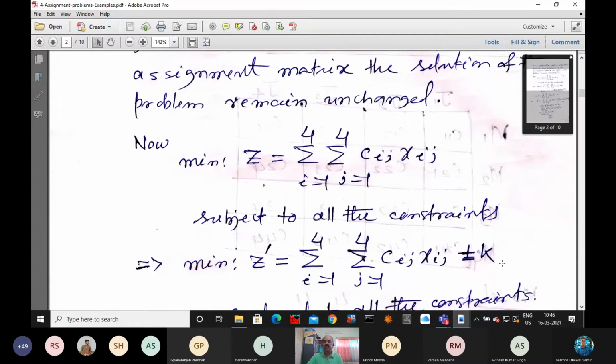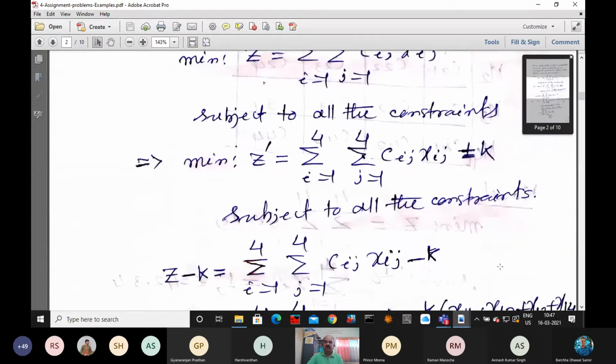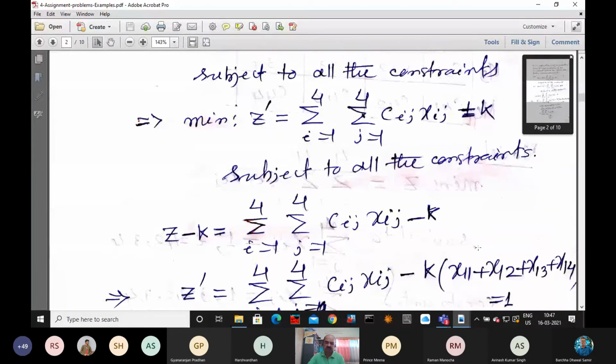That depends on the problem. If I am subtracting, what is happening? Z minus k equals z dash, summation over i varies from 1 to 4, j varies from 1 to 4, cij xij, minus k. What is happening to this?